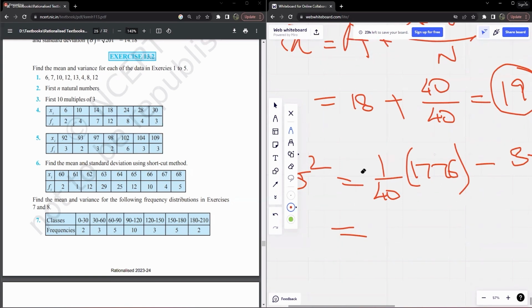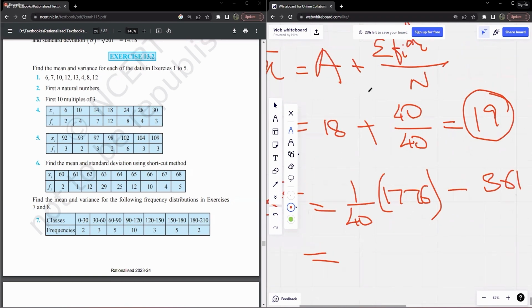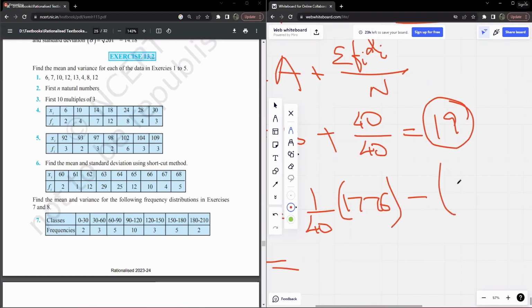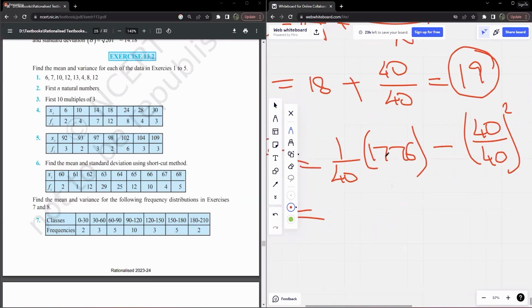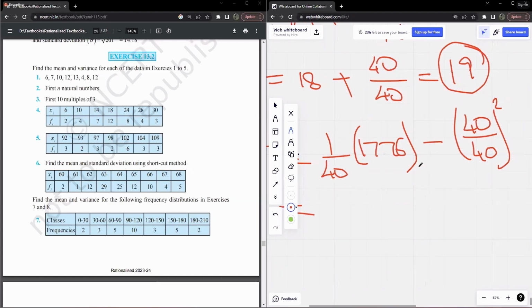This is sigma fidi by n the whole square, right, which is 40 by 40 the whole square. So this is going to give me 177.6 by 4, that is 44.4, yeah. This is 44.4 minus 1, which is 43.4.